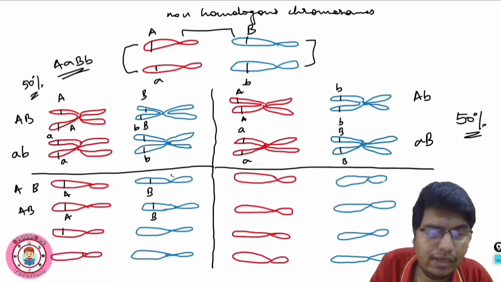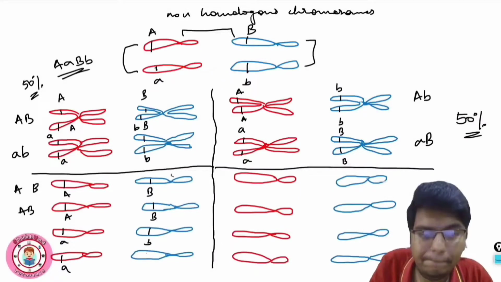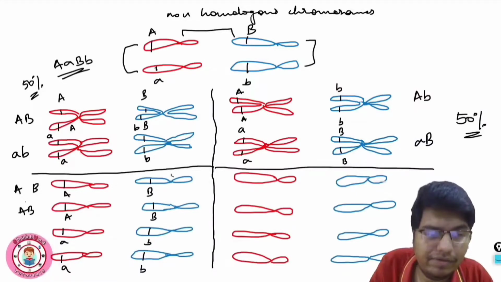Here small a, small b, as well as here also, right? So these are the different gametes that are forming.